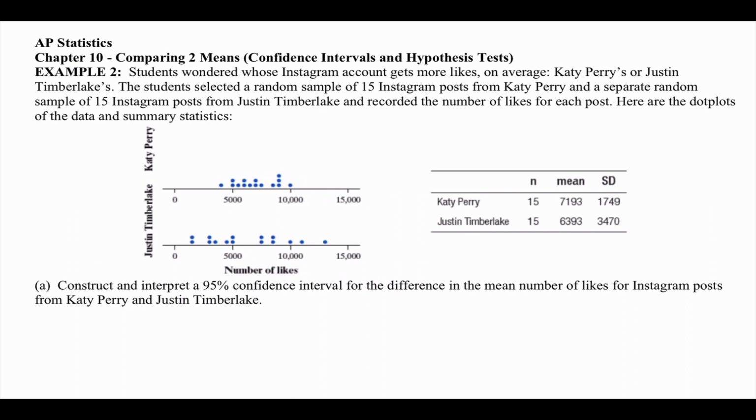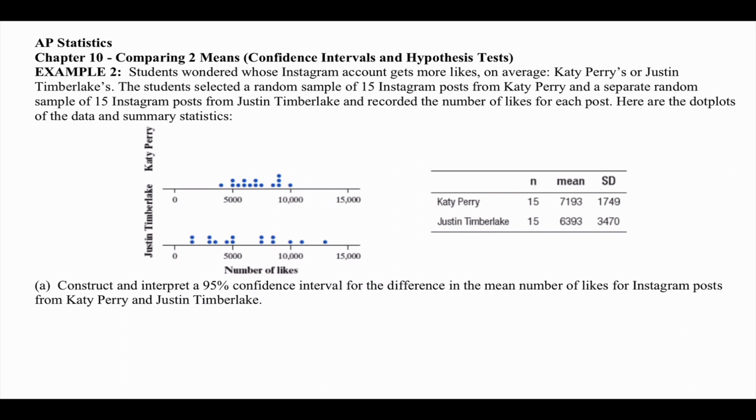So the students selected a random sample of 15 Instagram posts from Katy Perry and a separate random sample of 15 Instagram posts from Justin Timberlake and recorded the number of likes for each post. Here are the dot plots. Okay, so this is real data. I didn't come up with this data. It's actually a student came up with this data.